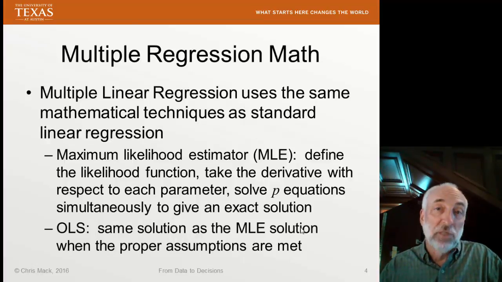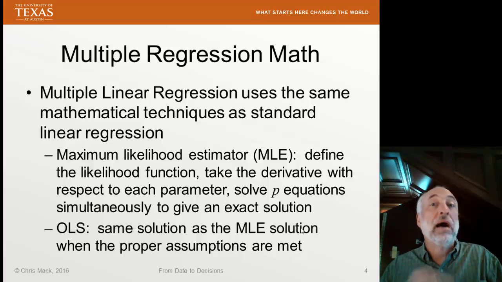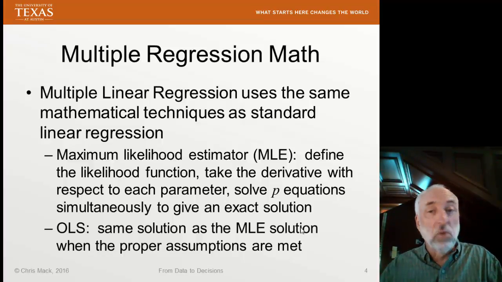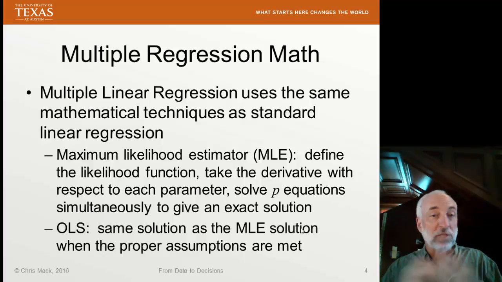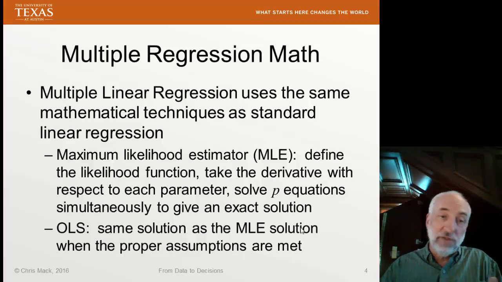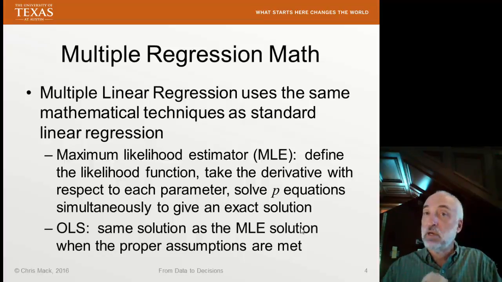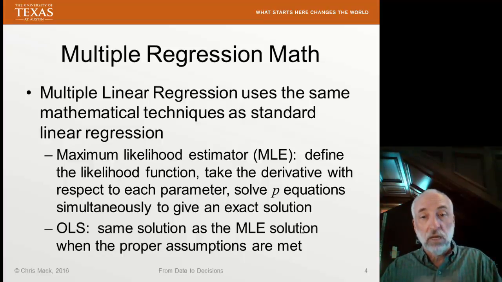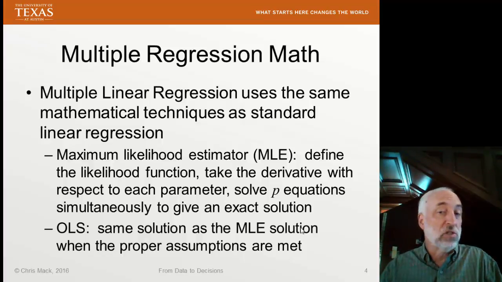The mathematics of multiple regression turns out to be identical to the mathematics of regression with only one predictor variable. We approach a maximum likelihood estimator in the same way. Find the likelihood function, take the derivative with respect to each parameter. We get a set of p equations for p unknown parameters, and we simultaneously solve them all.